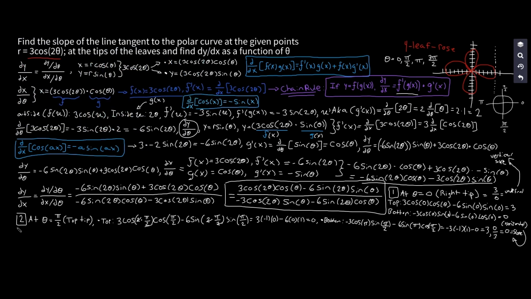I'm going to do this in blue. So, slope at the top tip, which is horizontal, guys. And that's the tangent line. The slope of the line, that's the slope.